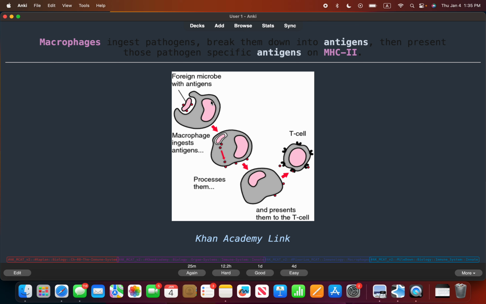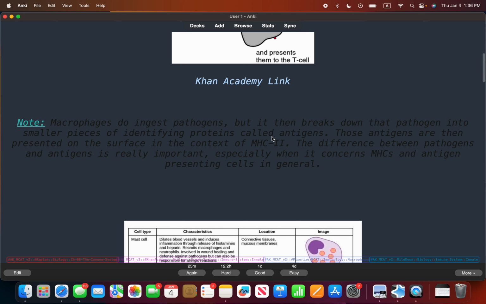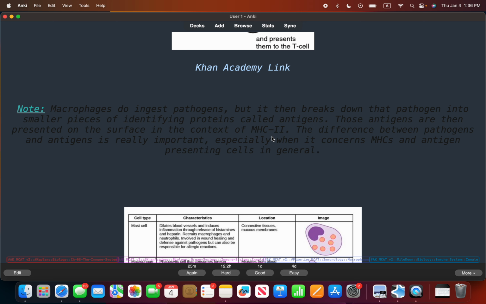So as you can see here, there is a macrophage that is phagocytosing the foreign microbe with antigens, and then the macrophage ingests antigens. It processes them and presents them to the T cell. That's where you transfer to the MHC2.